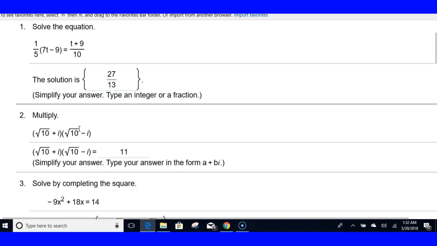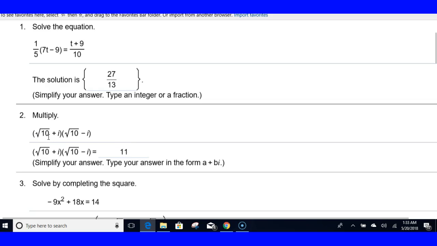So now number 2. For number 2, again, the question is going to be very similar in the test to the practice test. If you got 10 here, 10 here, you might get 13, 13, 11, 11. But the answer will be the 11 they have here as an answer, it will be 1 more. Just add 1 to that number and you get to 11. There's nothing to do. If you use the FOIL method, you're always going to end up with whatever the number he has here plus 1.